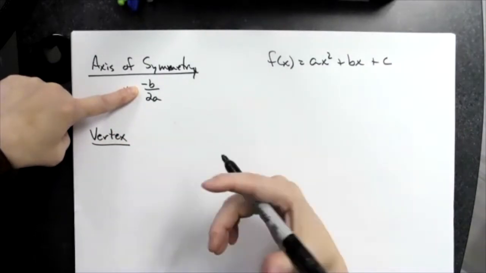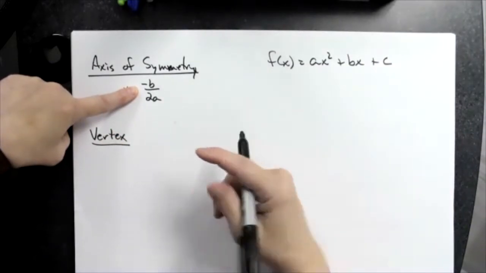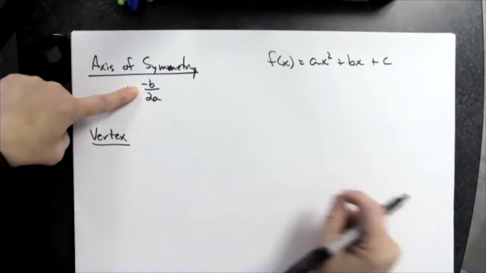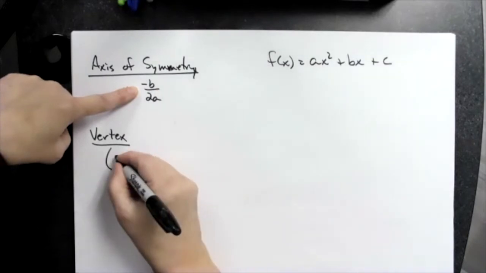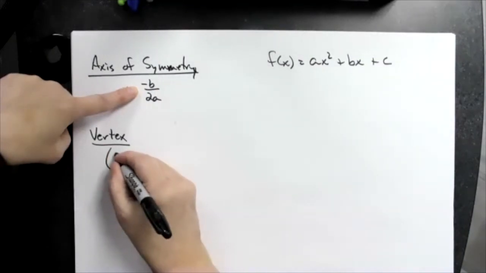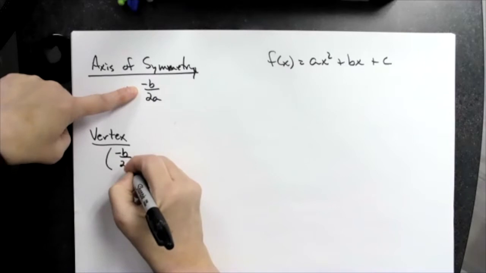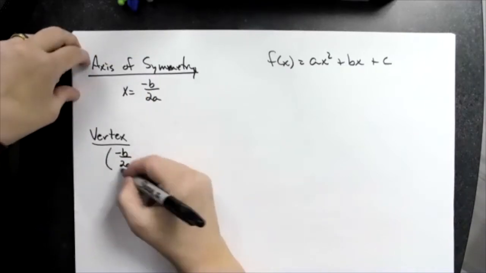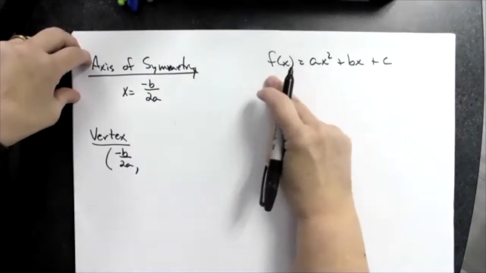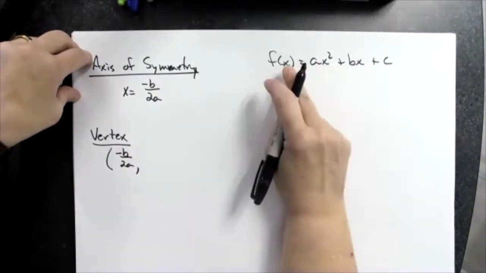In high school, maybe you were not shown what that looks like, but the vertex is an ordered pair. Using math notation, my x coordinate is negative b over 2a. It's the x coordinate because that formula is really x equals that part. Then I take that number and plug it back into this function that's called f.